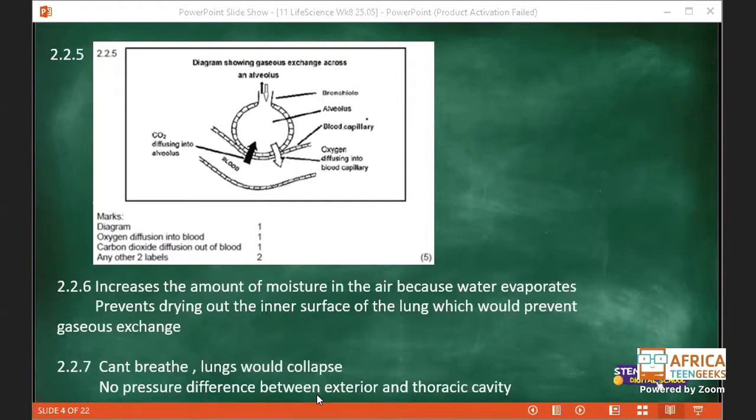So there would be no difference between your atmospheric pressure and the pressure in your thoracic cavity, and hence we won't be able to breathe. That would be because of a puncture in the thoracic wall, the thoracic wall being your ribs and further into your lungs.